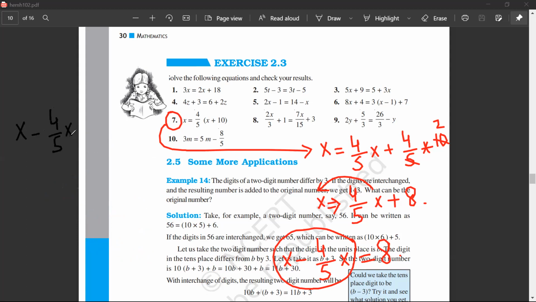Now the subtraction of these two is the same as a subtraction of 1 minus 4 by 5. Have you understood what I'm saying? Yes, sir. You can imagine that this x has an invisible 1 at the left hand side. Have you understood, Mr. Satya? Yes. So, Satya, how will I subtract 1 minus 4 by 5?